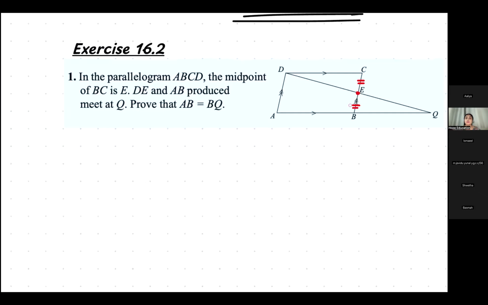DE and AB produced meet at Q. Prove that AB is equal to BQ. So this is what we have to prove. How do we do this now, based on what we have learned?